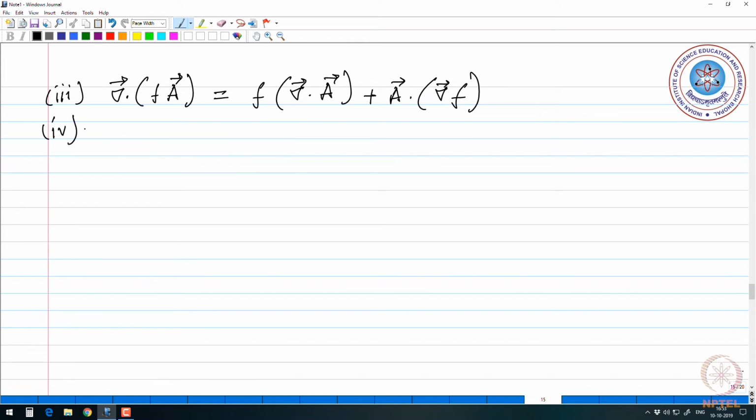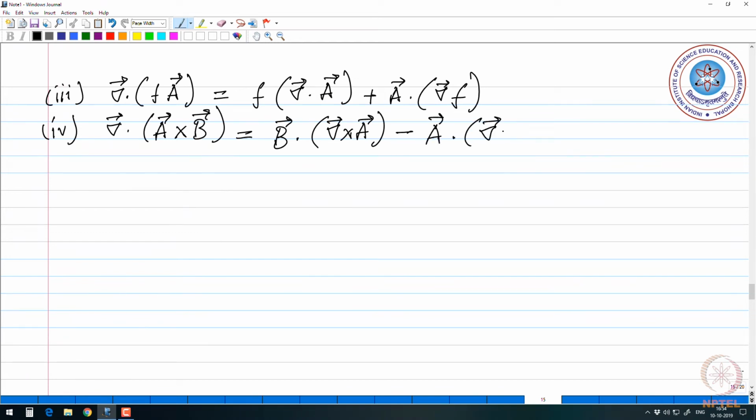The other rule for divergence is the divergence of A cross B, that is given as B dot curl of A minus A dot curl of B.